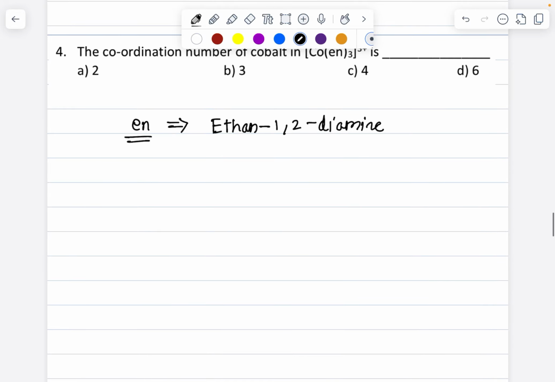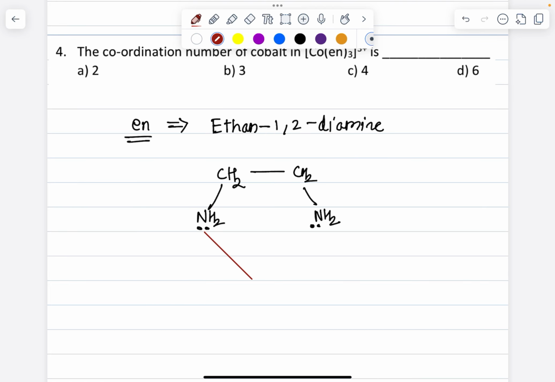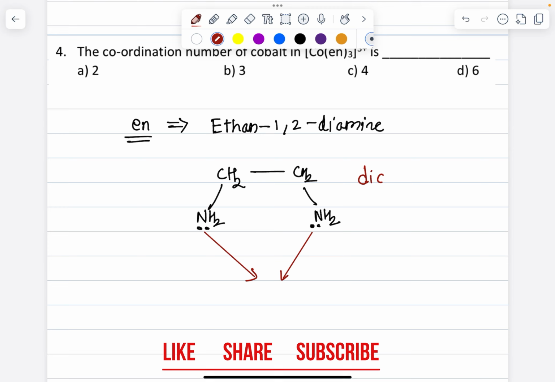The structure is CH2 NH2, CH2 NH2. There are lone pairs of electrons over here. So one ligand forms two linkages. So this is a bidentate ligand.